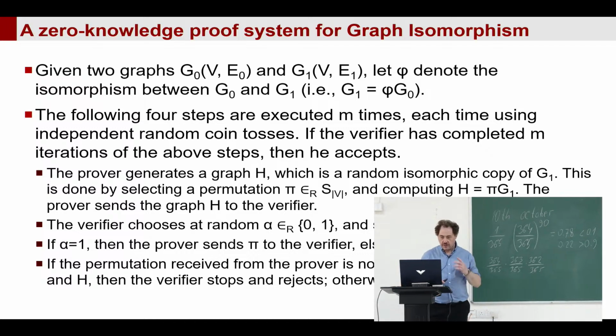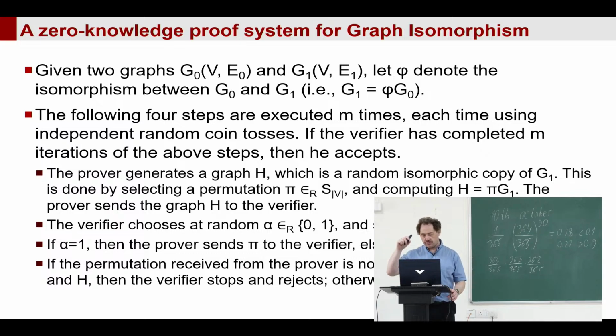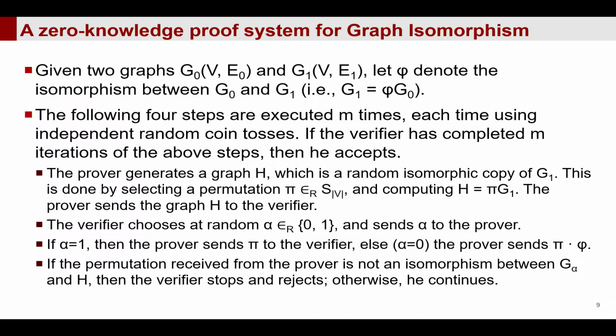The prover selects a random permutation and generates a new graph H, which is a random isomorphic copy of G1. So we have G0 and G1, which are isomorphic. We take G1, we take a random permutation, and we produce a new graph H, which is isomorphic to G1. And isomorphism is transitive, meaning it's also isomorphic to G0.